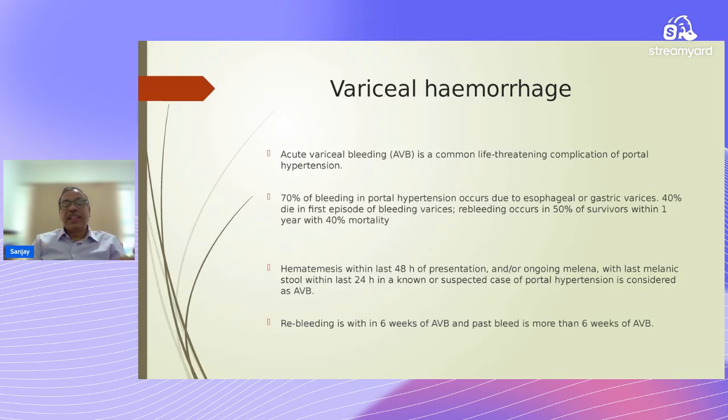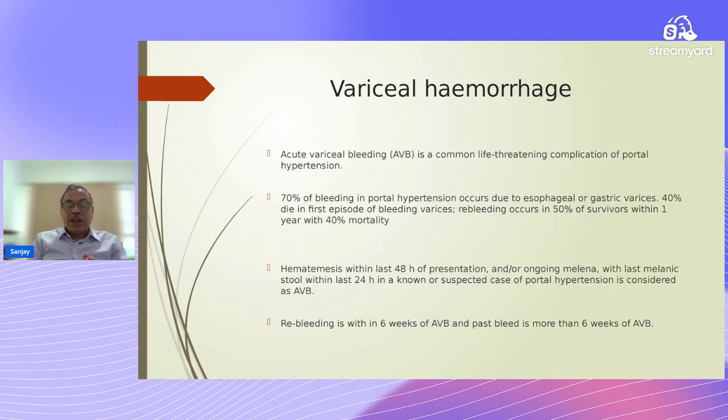That means there is a hematemesis which has occurred within the prior 48 hours, 2 days before, or ongoing melena with a last melanic stool within the last 24 hours in any patient who is a known case of portal hypertension would be considered as due to acute variceal bleeding unless proven otherwise.